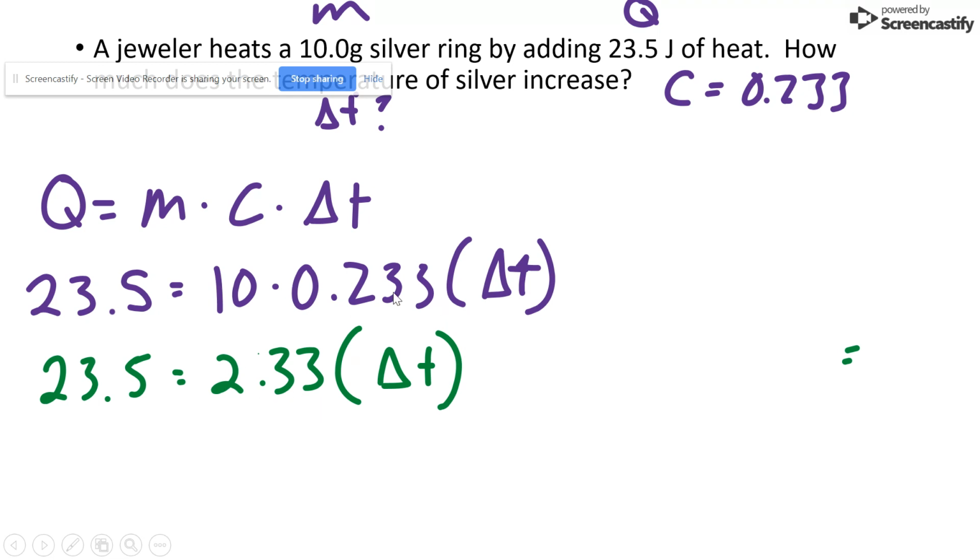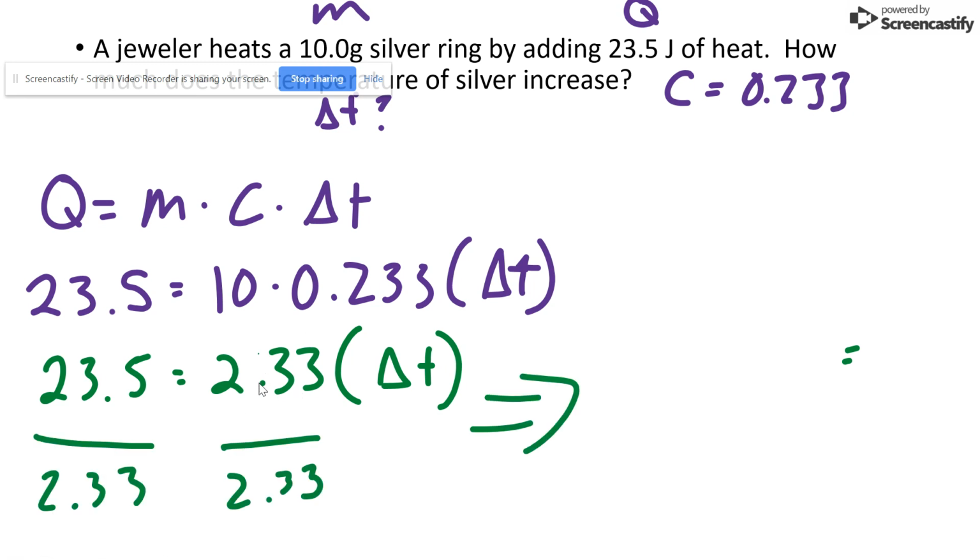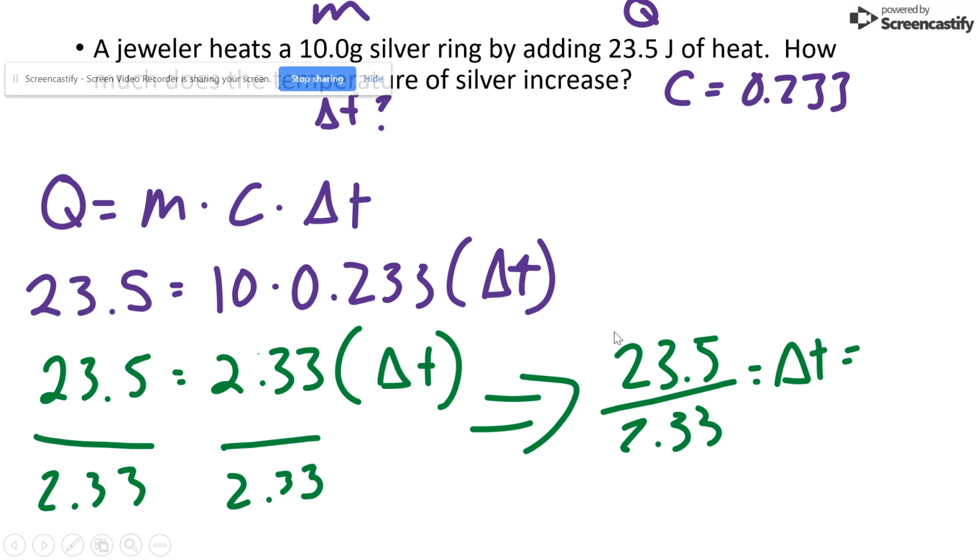To get delta T by itself, I'm going to divide both sides, because the opposite of multiplication is division. So we divide both sides by 2.33. 23.5 divided by 2.33 equals our change in temperature, which comes out to be right around 10.09 degrees Celsius.